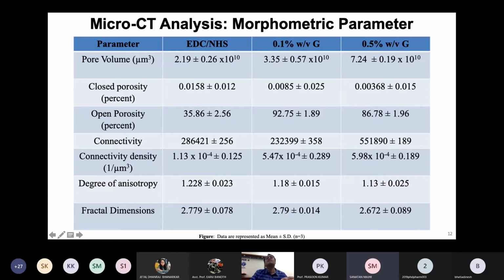This is actually because graphene allows the formation of clear porous boundaries, and the machine determines that this is definitely a pore. In case of EDC NHS, it is of a fibrous nature; the boundaries of the pores are not defined, and hence it does not consider it a pore. Further, the connectivity, degree of anisotropy and fractal dimension are all calculated, which further strengthen the porous properties of the graphene incorporated materials.